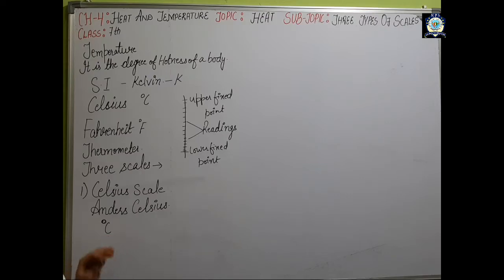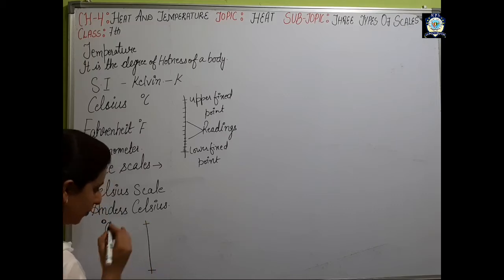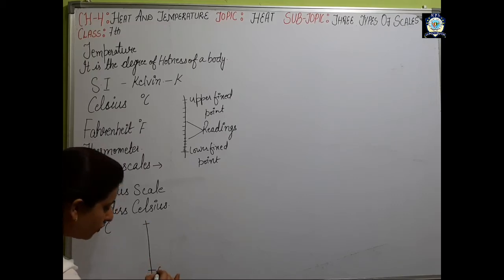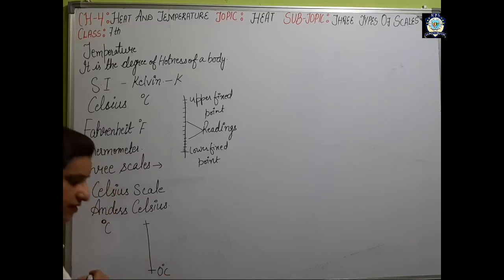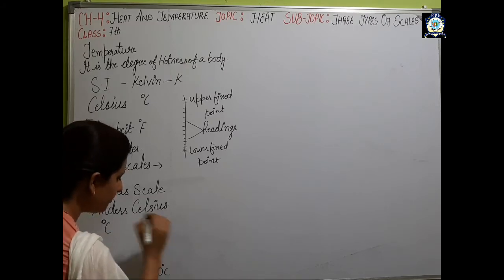It has also two fixed points, lower and upper. Lower fixed point is having with the value of 0 degree Celsius, and upper fixed point is having with the value of 100 degree Celsius.